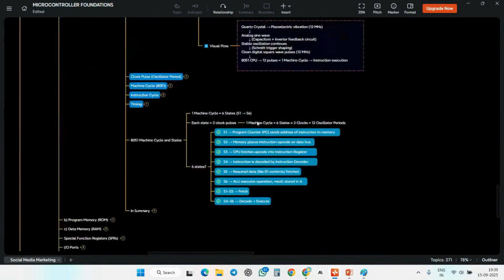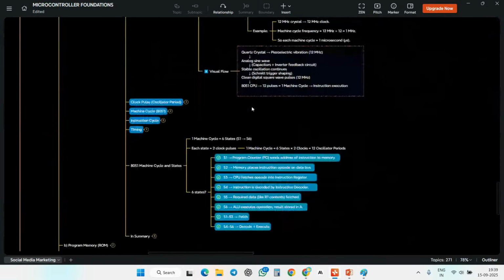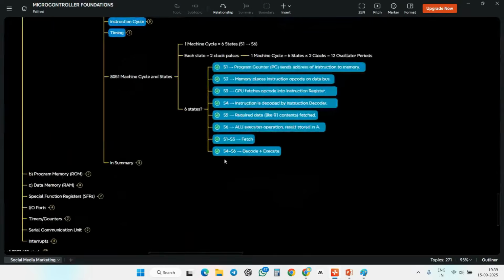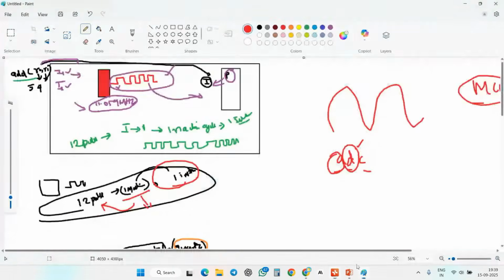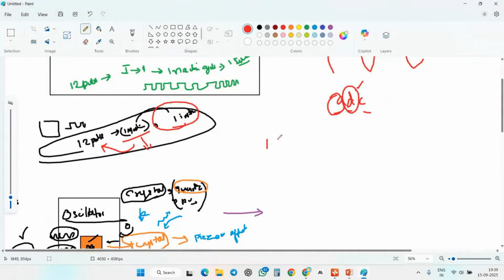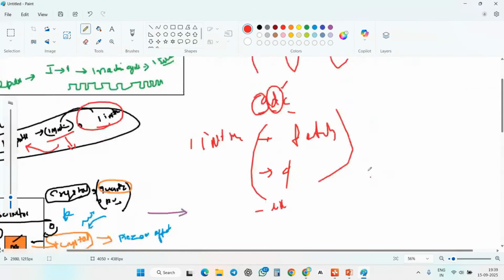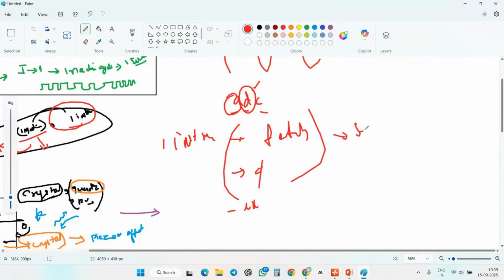What is meant by fetch, decode, and execute? Just consider the states for one instruction: totally three processes, fetch, decode, and execute. So this is the state, and here we consider 6 states.